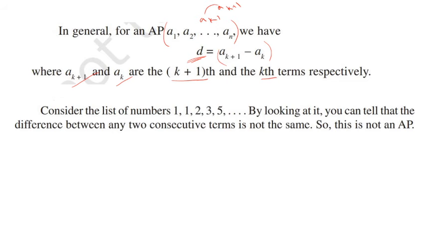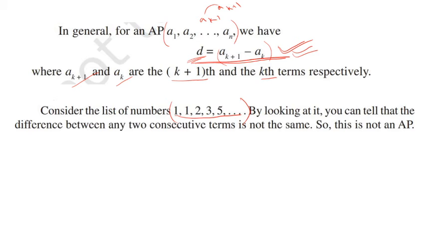Now this particular equation is also a condition for the arithmetic progression. So by using this you can verify whether a particular list of numbers is an arithmetic progression or not. Here we have one list of numbers, and if we apply the given formula we can find out whether this is an arithmetic progression or not.